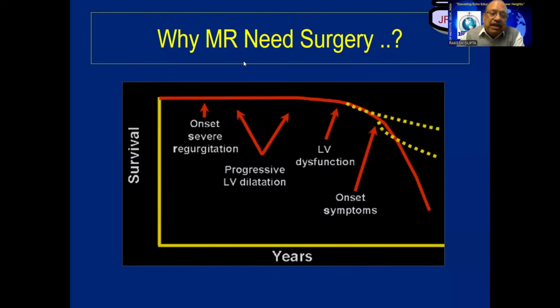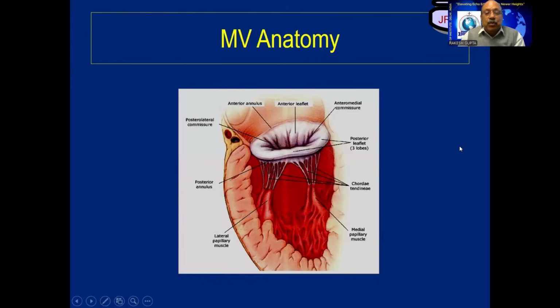So the quest is, we have to pick up these subjects well before the LV dilatation happens. Even if the LV dilatation has happened, LV dysfunction should not happen. That's why we need all these evaluations in a perfect way.